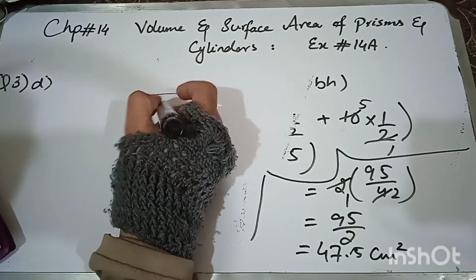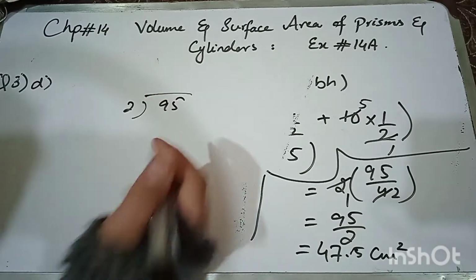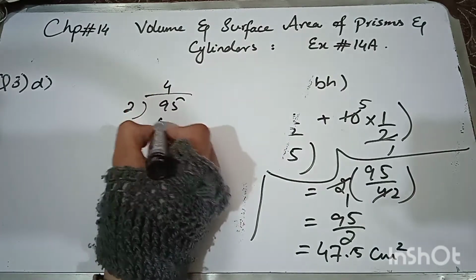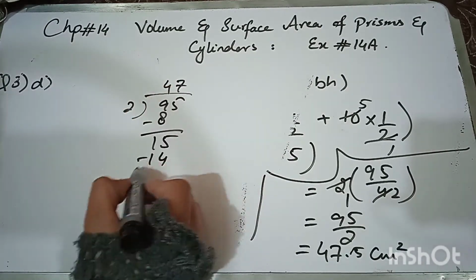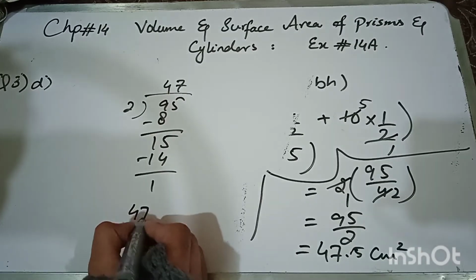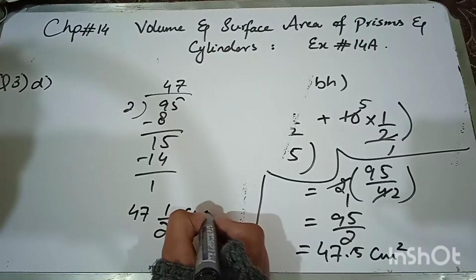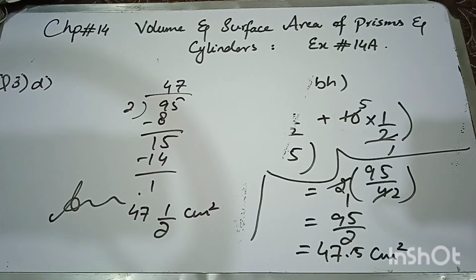So 95 divided by 2. To convert the answer in the mixed form हम इसको divide कर लेते हैं. 2 4s are 8, 2 7s are 14 and 1. So mixed form में हमारे पास आंसर क्या होगा, 47 whole 1 by 2 centimeter square. So this is our surface area.